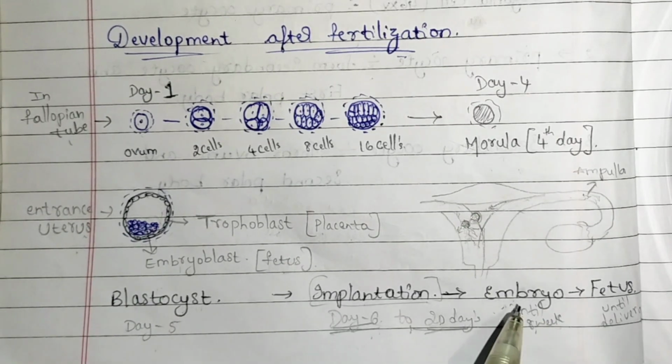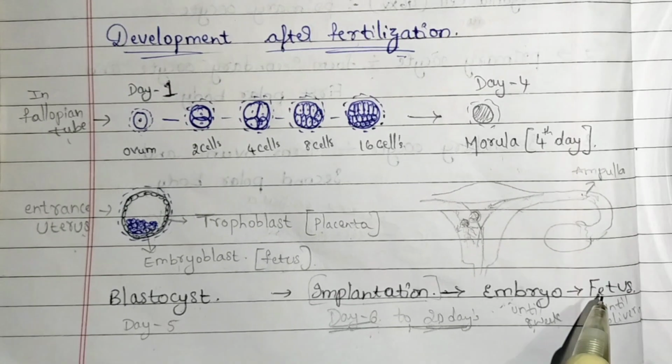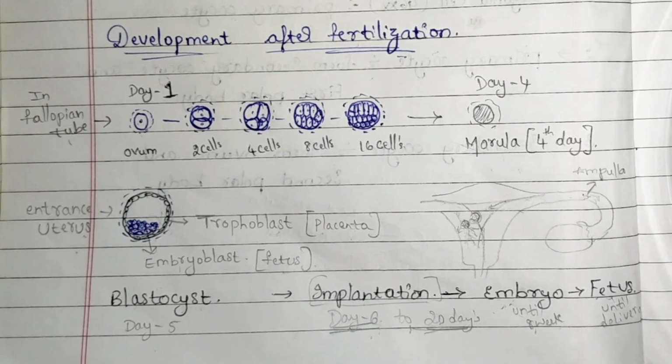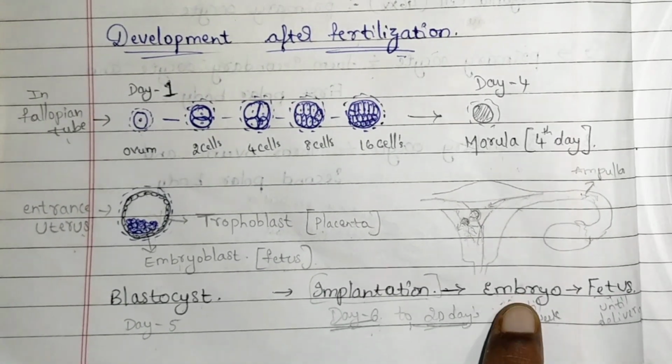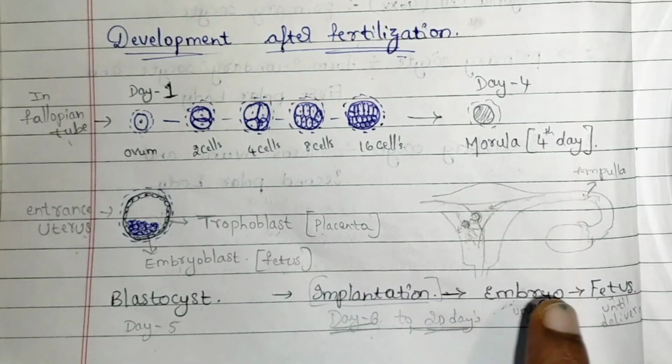And after 2 months, until the delivery, it is known as a fetus. At this stage, it's just a 1 inch length baby which has just the CNS and heart system, nothing else.